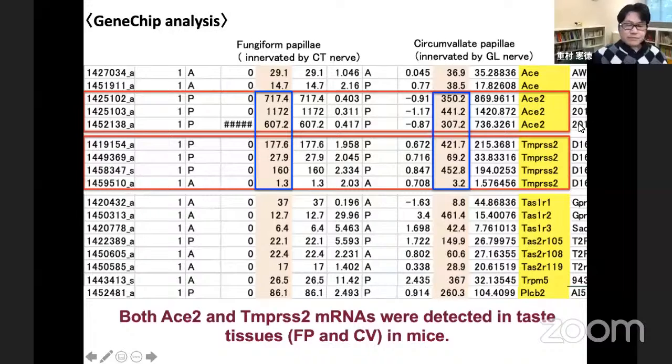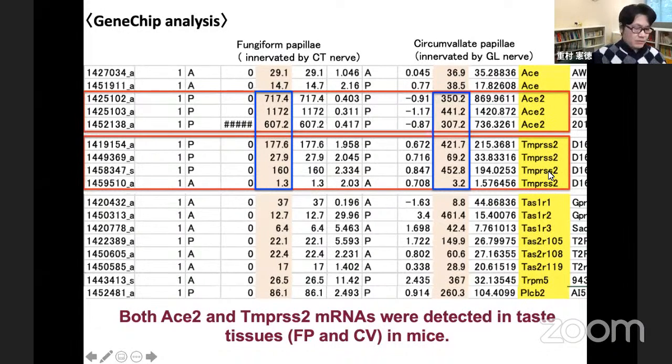Looking at the expression of ACE2 and TMPRSS2 in the taste buds of fungiform papilla and Barrett papilla, you can see that ACE2 messenger RNA was highly expressed in both fungiform papilla and Barrett papilla. PPP means positive, positive, positive. The three data were from different gene chip probes.